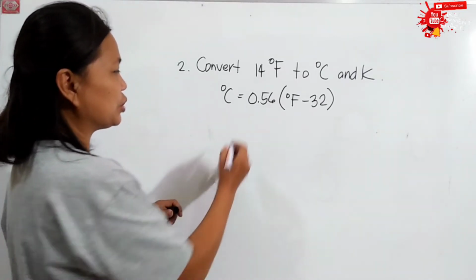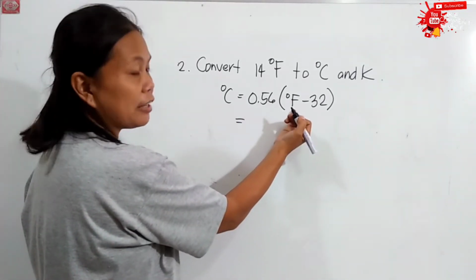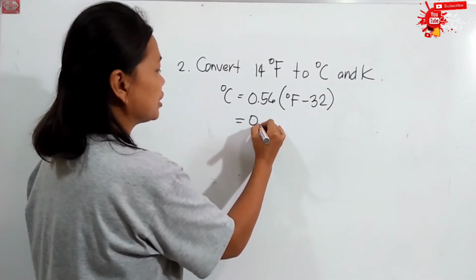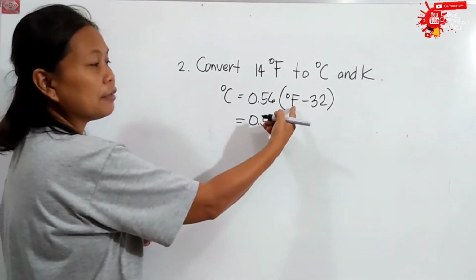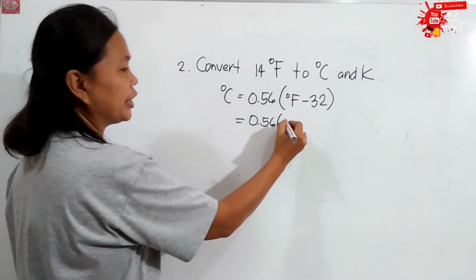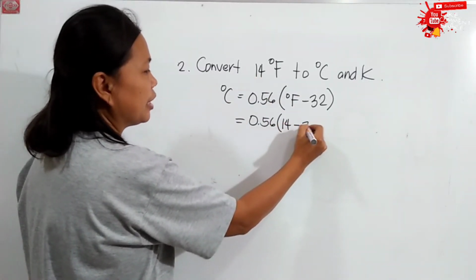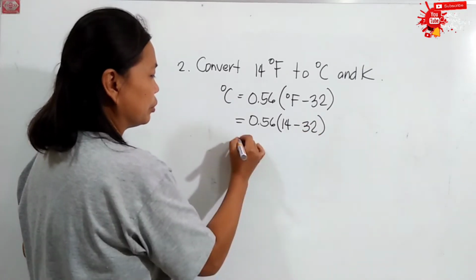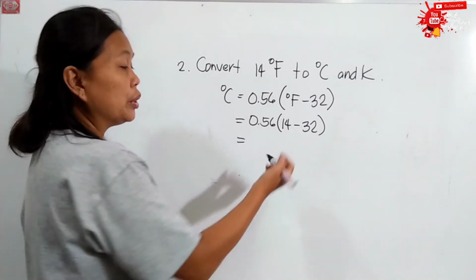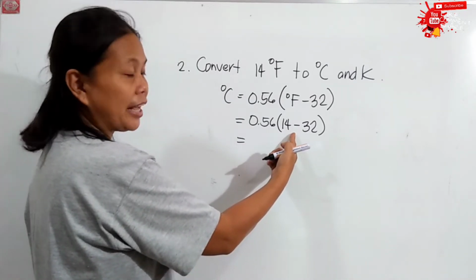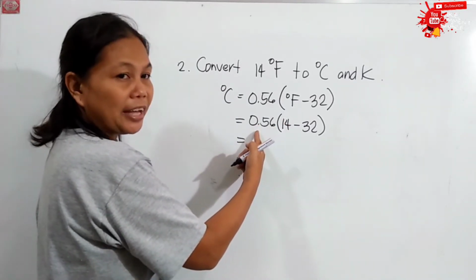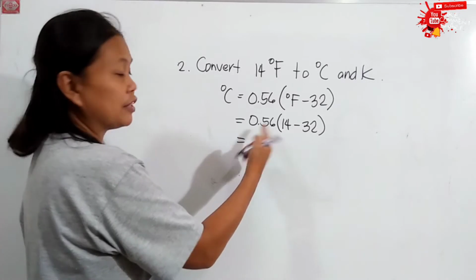Now, let us substitute the value for degree Fahrenheit. We have here 0.56 times, the value for degree Fahrenheit is 14, so 14 minus 32. First, we have to consider simplifying the statement inside the parentheses before we multiply it to 0.56.